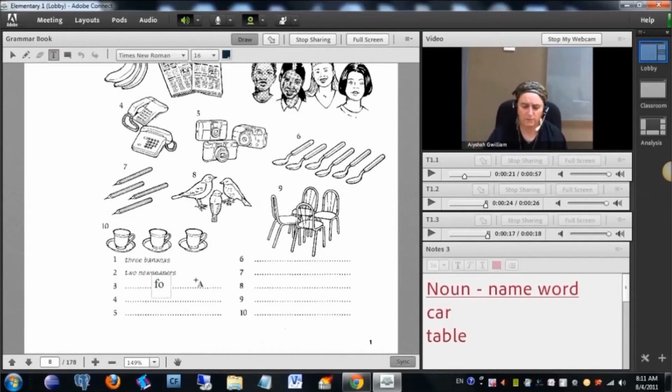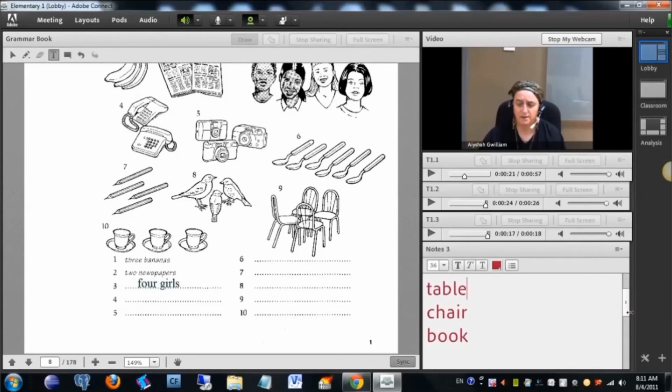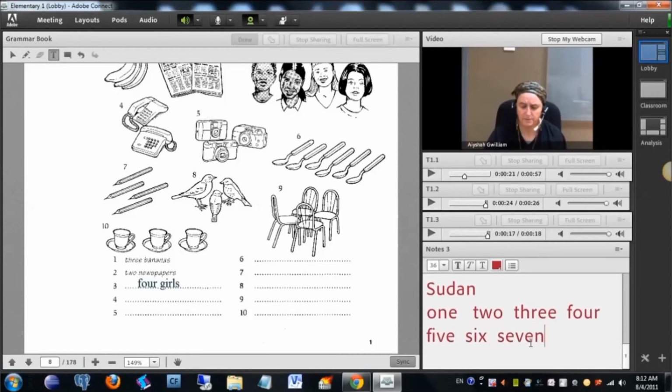Girls, I want you to now write the answers for number 4 through to number 10. But I'm also going to write here the spelling for the numbers, just so that you know. 1, 2, 3, 4, 5, 6, 7, 8, 9, 10.